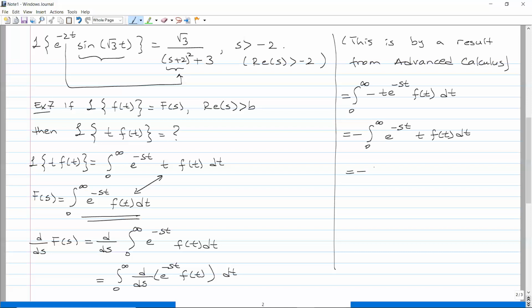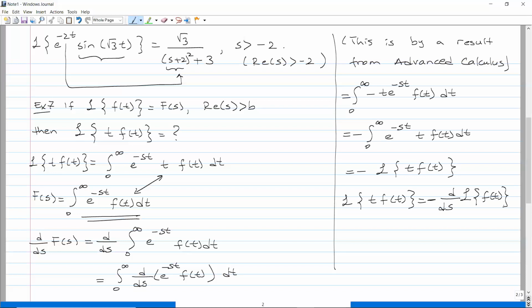So I have minus the Laplace transform of t f of t. So the Laplace transform of t f of t is minus the derivative with respect to s of the Laplace transform of f of t.